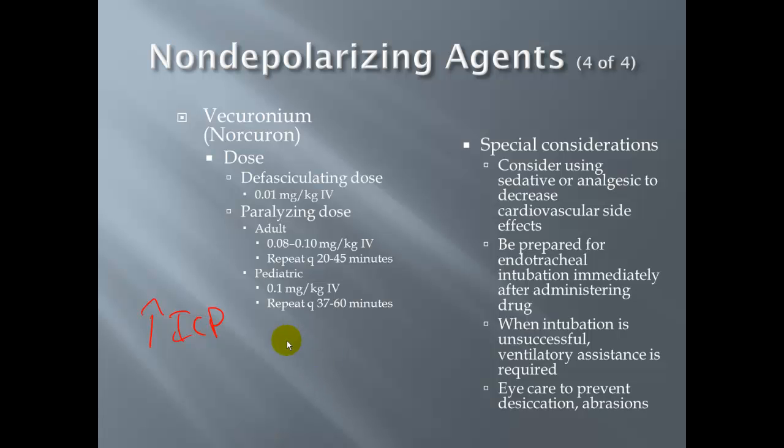And it's generally 10% of the dose of the long-term paralytic that you're going to use. Example of this, you're going to get about 30 minutes of downtime or paralyzation time with the Vecuronium. Defasciculating dose, if we'll look at the adult dose, which is at 0.1 milligrams per kilogram.